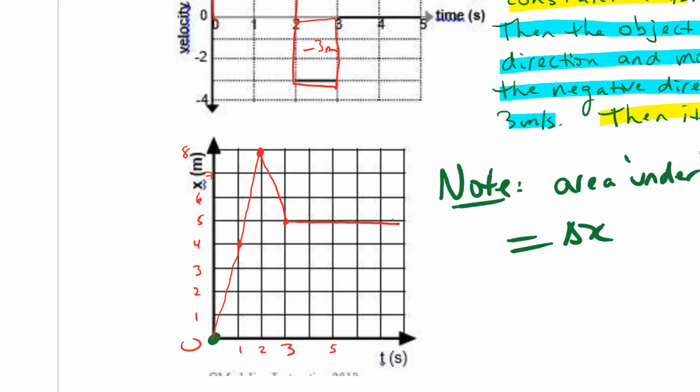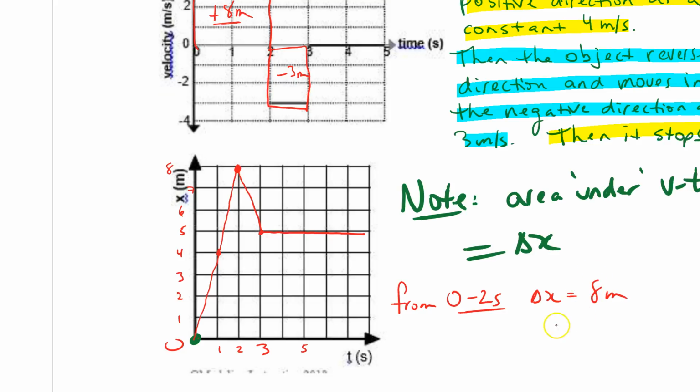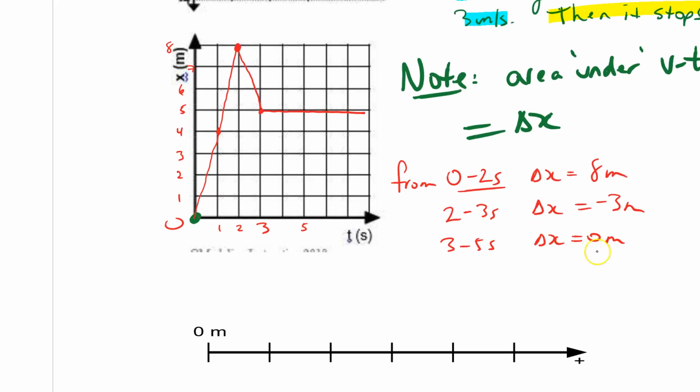Okay, so from 0 to 2 seconds, delta x, the change in position, was 8 meters. From 2 to 3 seconds, the change in position was minus 3 meters, and from 3 to 5 seconds, the change in position was 0 meters. So if it started at 0, it ended at 5.